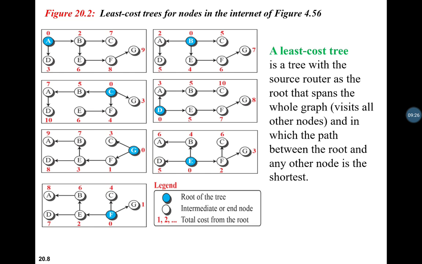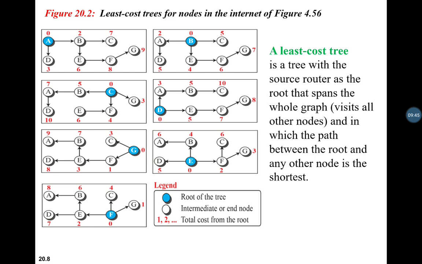That is said to be the least cost tree. And only one shortest path tree for each node and n least cost trees for the whole internet.